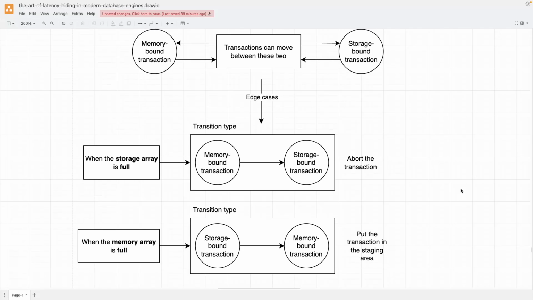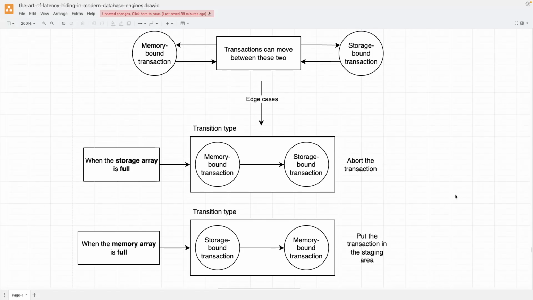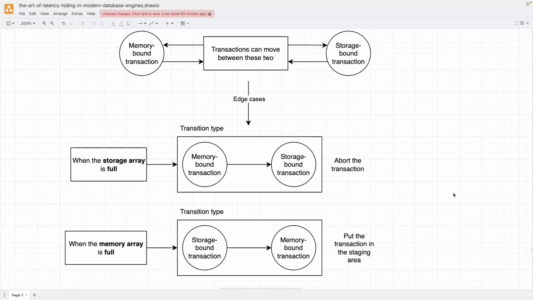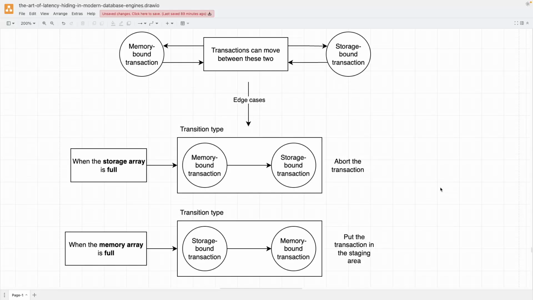And by tough decisions, I mean you may have to abort certain transactions. So even though the user didn't write abort in their SQL statement, you as a database engine have to abort those transactions. And I'll explain this in a bit more detail now.